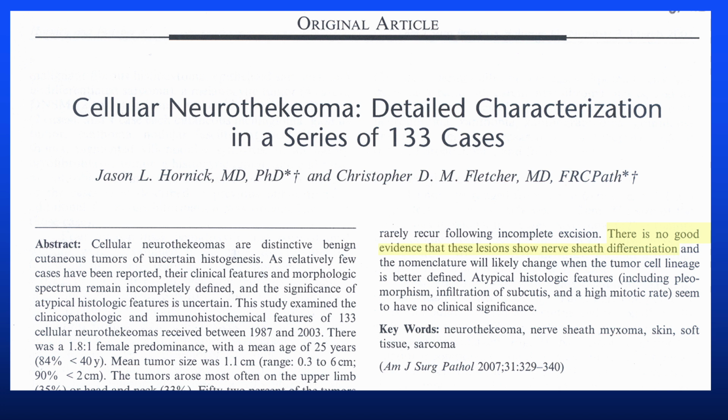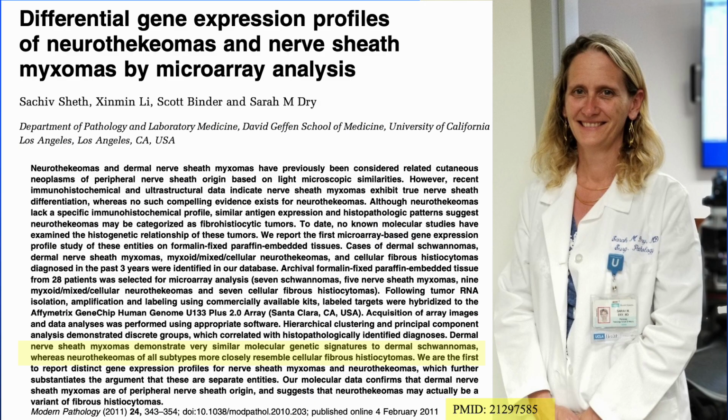Hornick and Fletcher, concluded that there was in fact no good evidence of nerve sheath differentiation in neurofibroma, then known as cellular neurofibroma. And more recently, Dr. Sarah Dry and colleagues at UCLA used a molecular approach to demonstrate that nerve sheath myxomas are more similar genetically to Schwannomas, whereas neurofibromas more closely resemble dermatofibromas or cellular fibrous histiocytoma.